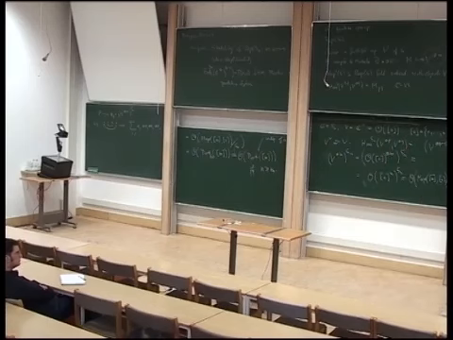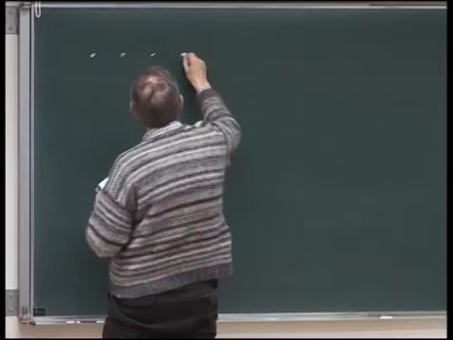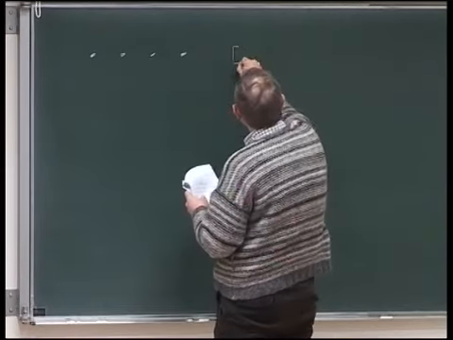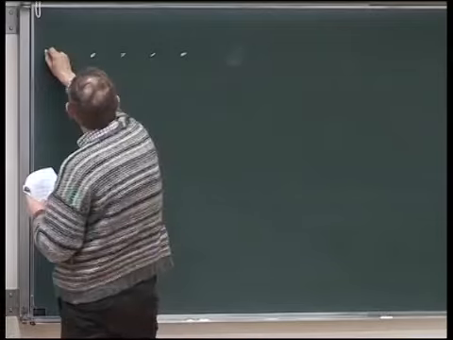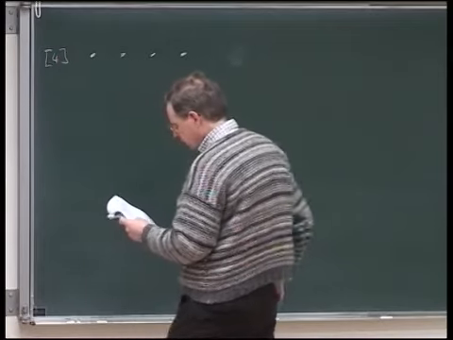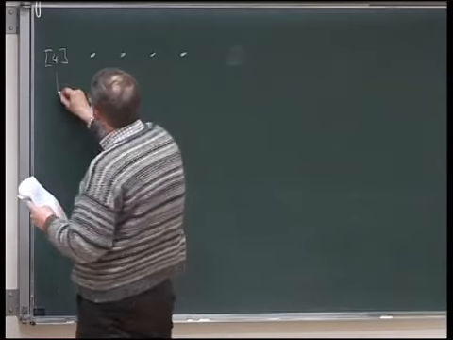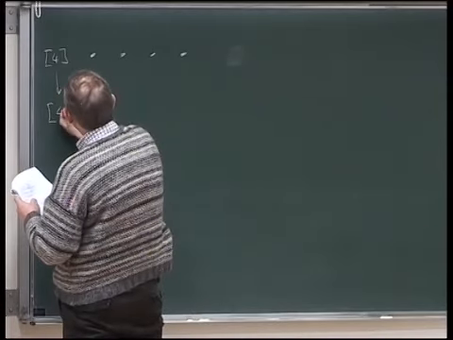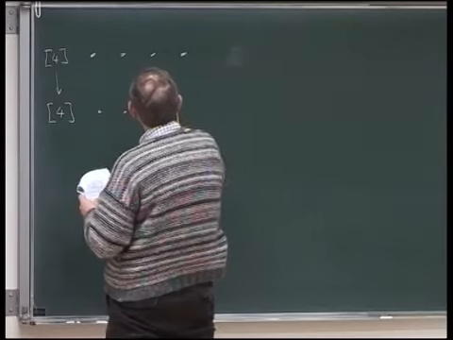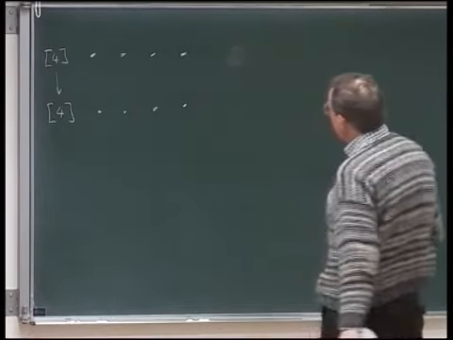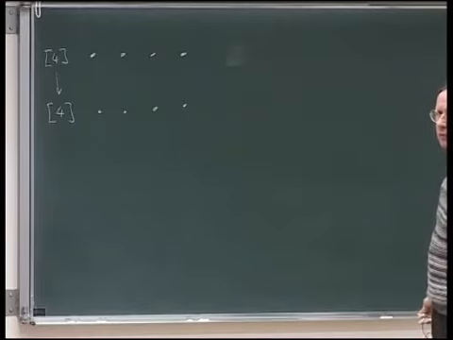Let's say this here corresponds to the set [4]. And now I have a map to [4], and therefore we need a partition of these 8 points.